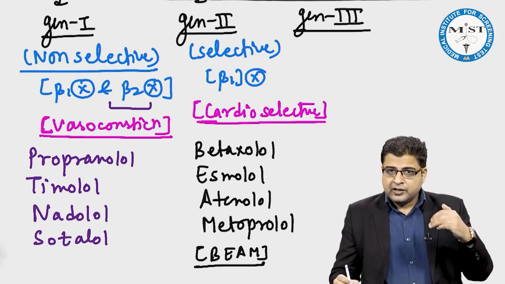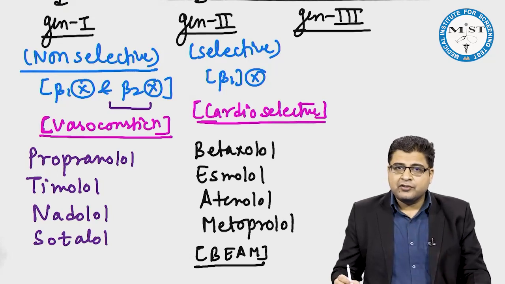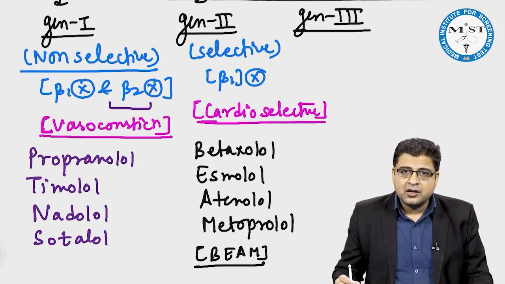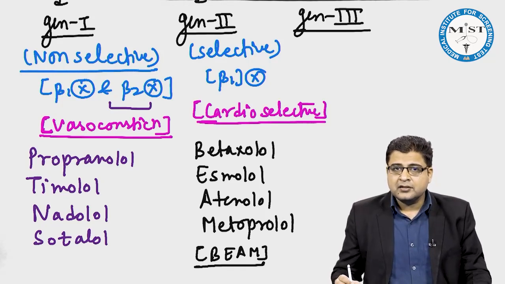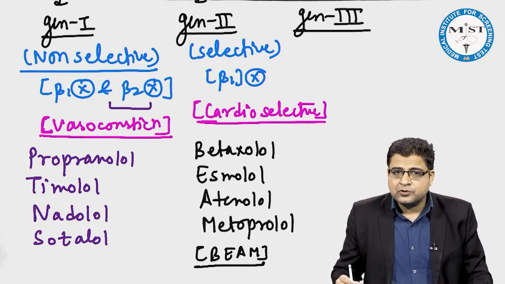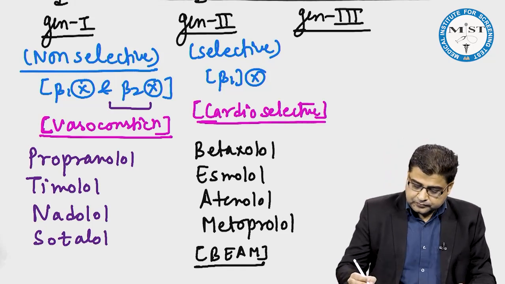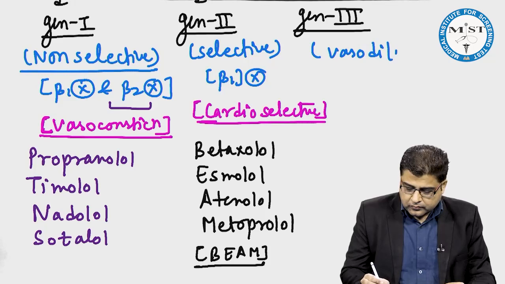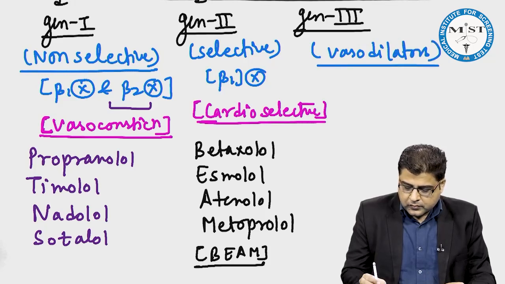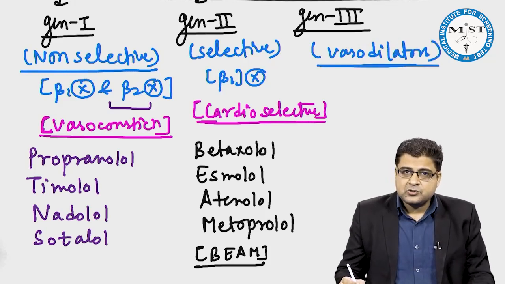So we have 3 generations of beta blockers. Generation 1 medicines can cause vasoconstriction. Generation 2 medicines have no effect on blood vessels, only affect the heart. And generation 3 medicines are vasodilators.